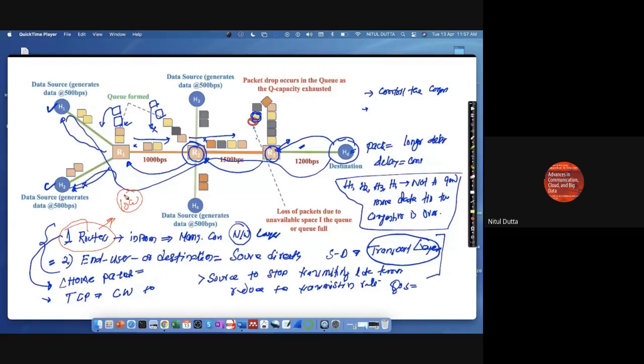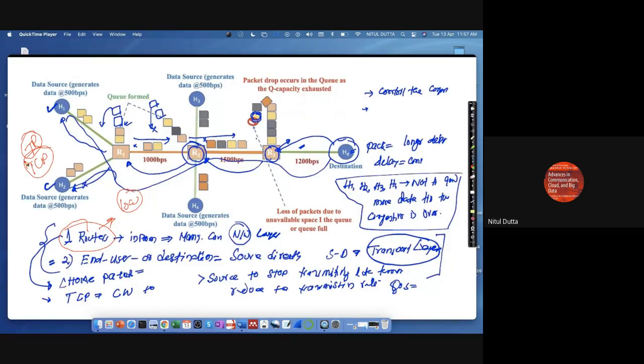Rather, it is assigned to the transport layer, and the transport layer can exist only in the end systems. That's why the transport layer, basically TCP, the Transmission Control Protocol, is the main player in controlling the congestion.